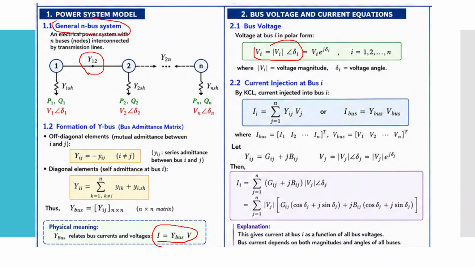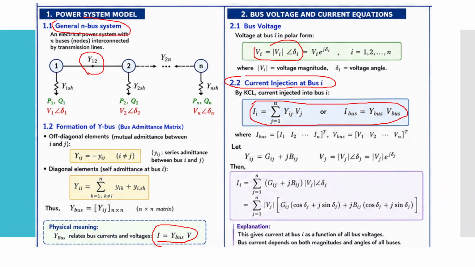So a simple current equation for bus i is obtained by using this equation. Ii is equal to the summation of Yij Vj, j from 1 to n, or I bus is equal to Y bus times V bus. So we will apply this simple equation to determine the relation between current and voltage.